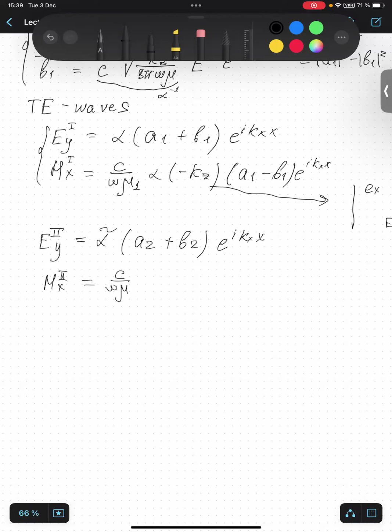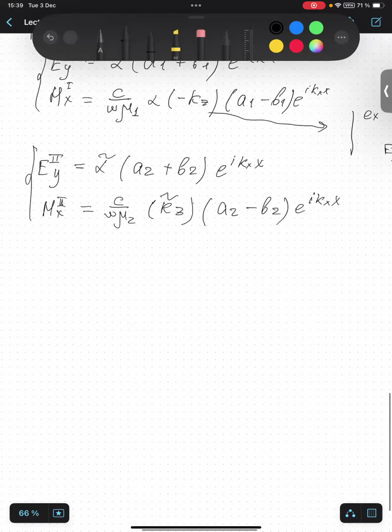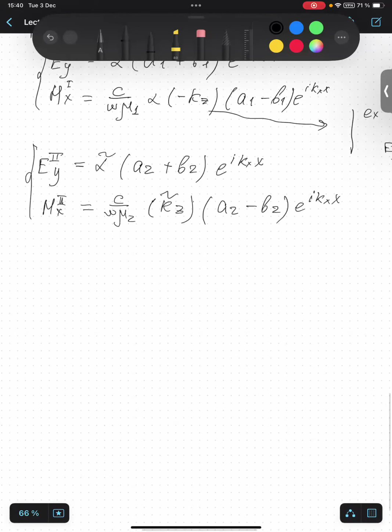Actually, here also mu1 and mu2 because it can be different. But here kz tilde because kz contains the epsilon. (A2 minus B2) kx. So these are the electric and magnetic fields for the first and for the second region.